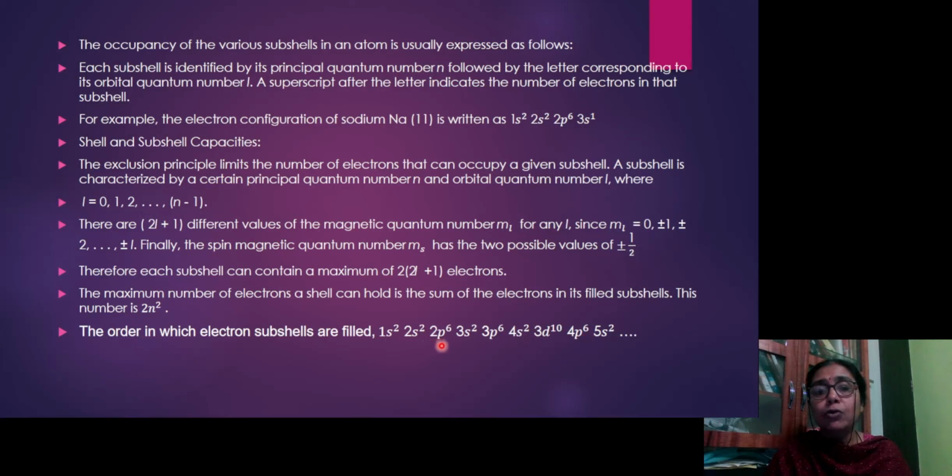So here you can observe that after 3s2, 3p6, 4s2 is placed before 3d10. Though D is a subshell of the third shell, that is principal quantum number 3, in spite of that, we can see that the 4s subshell is of lower energy as compared to this 3d. So therefore, this is filled first before this 3d.